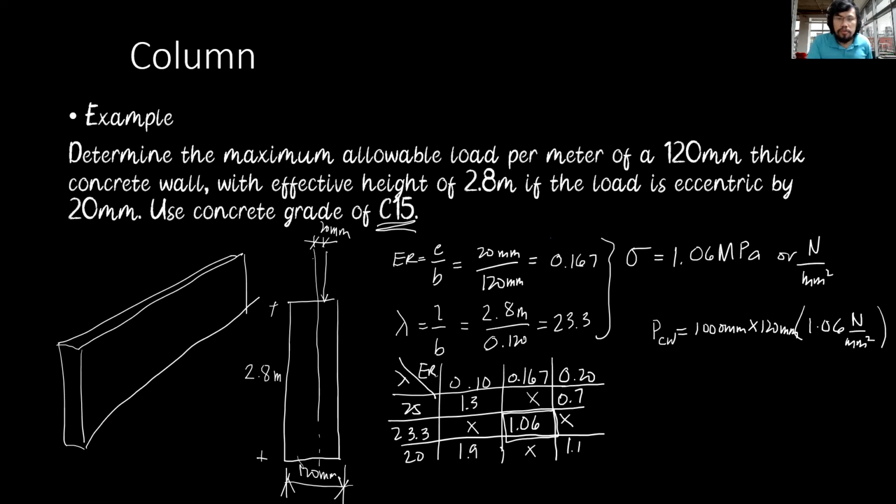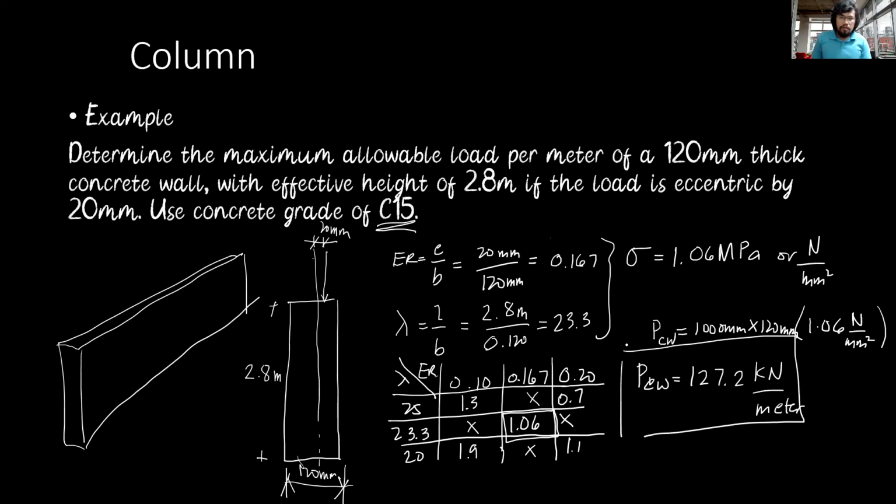It's 127,000. It's 127.2 kilonewtons per meter of wall. So this is the final answer.